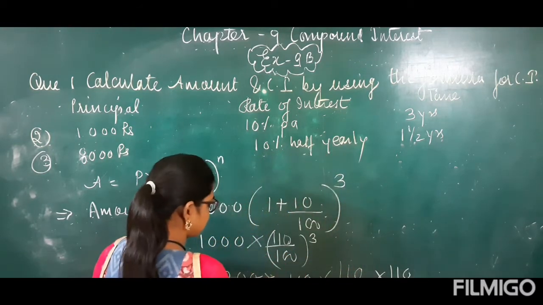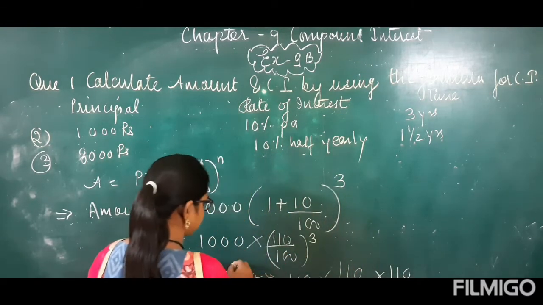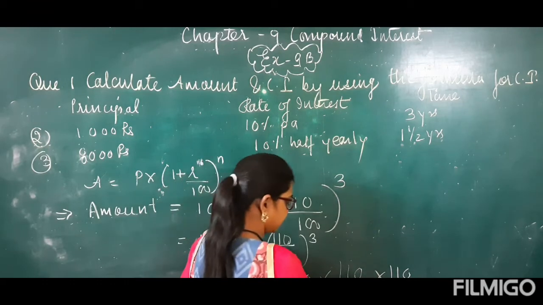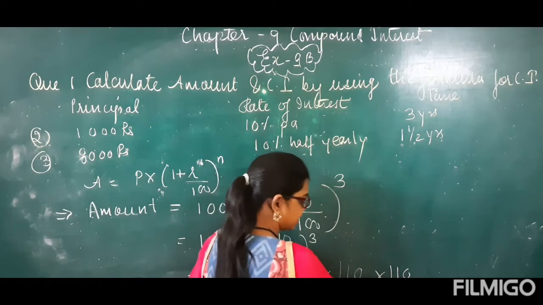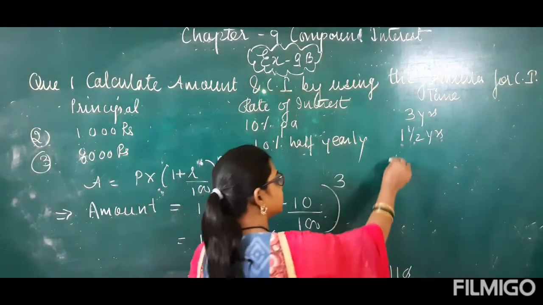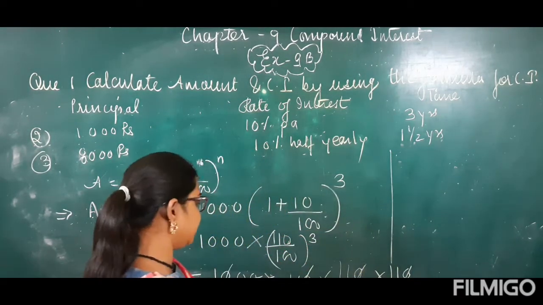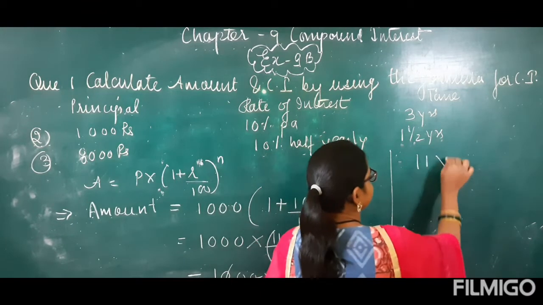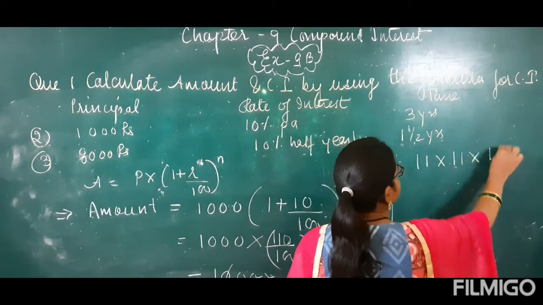This 2 0 and this 2 0 get cancelled. This 0 and this 0 get cancelled. Again this 0 and this 0 get cancelled. This 2 0 and this 2 0 get cancelled. So here we are remaining with 11 into 11 into 11.